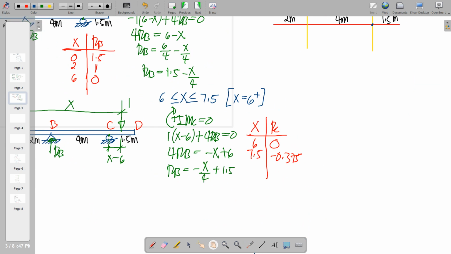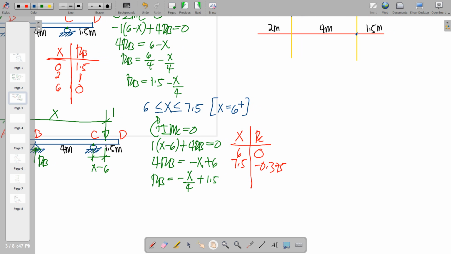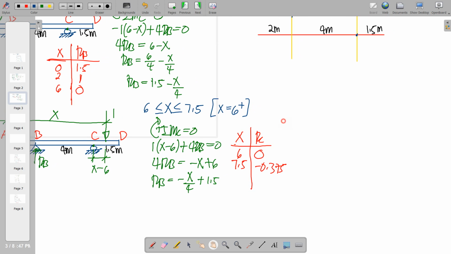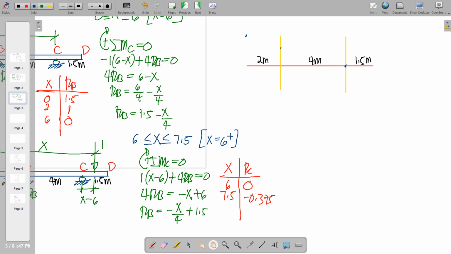So x is equal to 6 is in here, so value is 0. And then just right of C, or 6 plus, your value of x is equal to 6, your RC is equal to 0, we have also 0 here. And then when x is equal to 7.5, your RC will be negative 0.375, and this will be connected by a straight line.